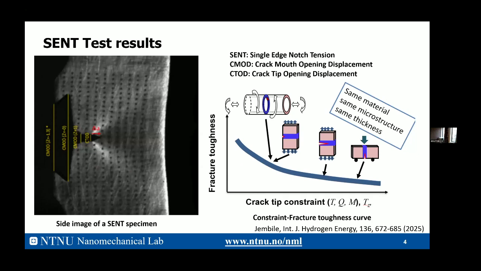And I'm going to introduce the experimental results. This experiment was tested by our colleague, and this is the geometry of this baseline. You can see the CTOD, the position over in this place, and the CMOD at the different measure locations.